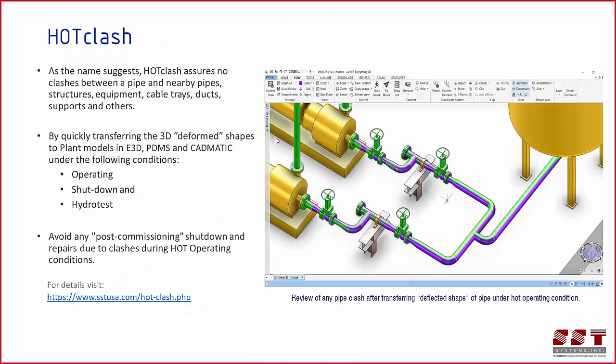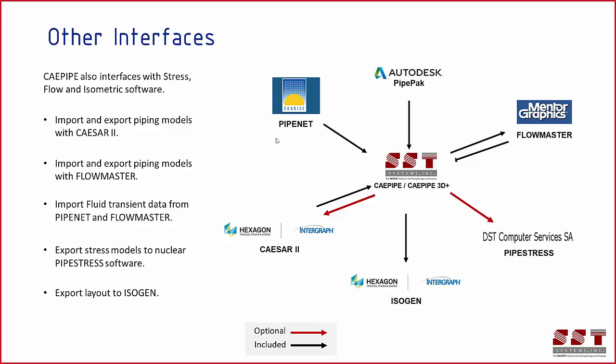Next slide, please. Our CAEPIPE, as well as CAEPIPE3D+, has a number of translators or interfaces where we can take the fluid transient data from PipeNet, from FlowMaster, that is, as well as taking the geometry from CAEPIPE into FlowMaster.